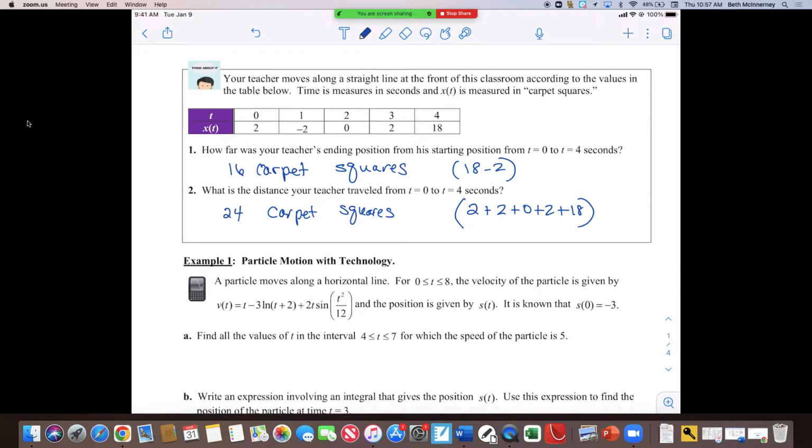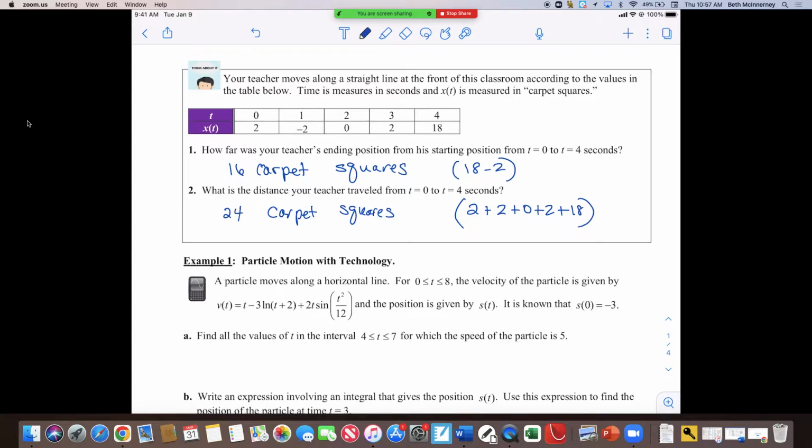When you're talking about the distance traveled, think about when you're in a car. You can go forward in your car, and you can also go in reverse in your car, and the car's odometer still reads distance. So going in the negative, that minus 2 is giving me the direction where I am.